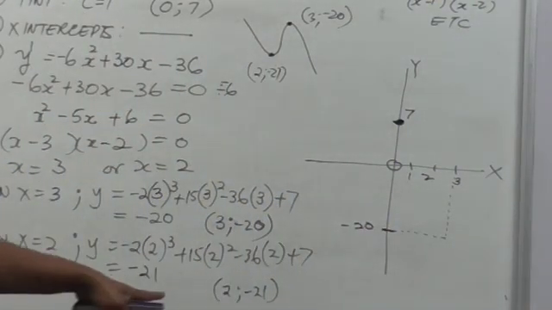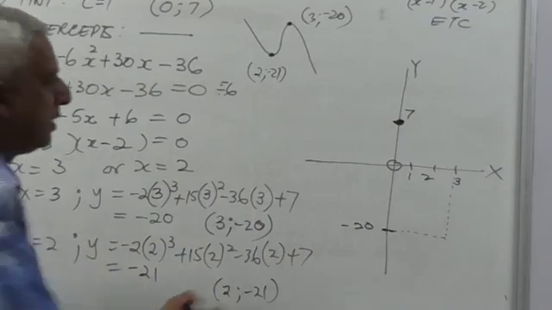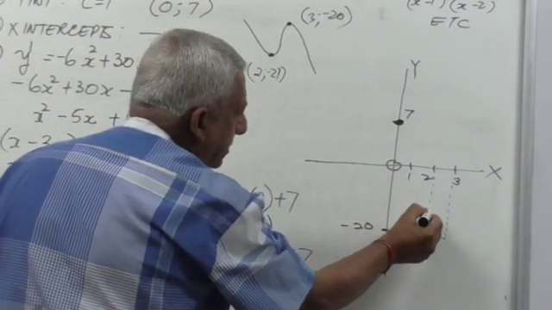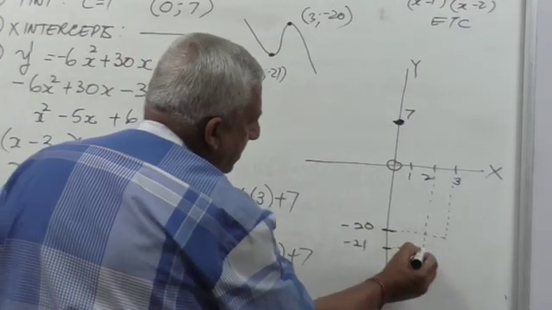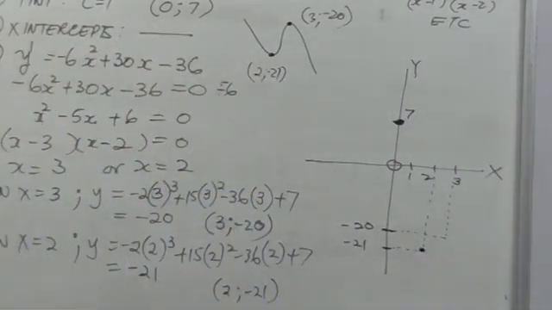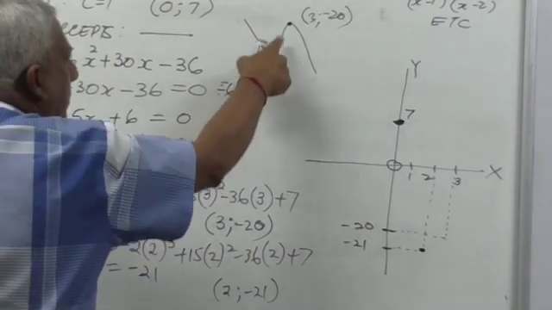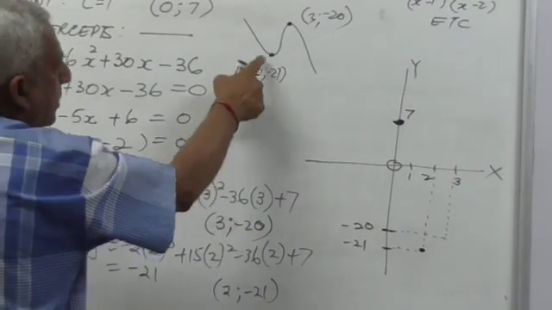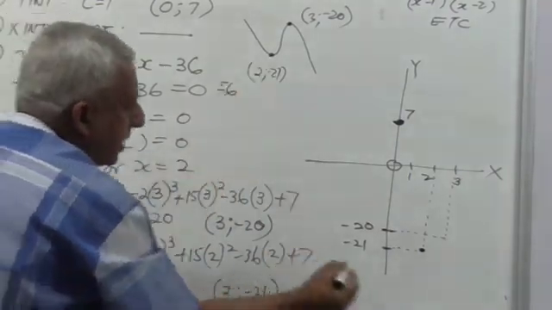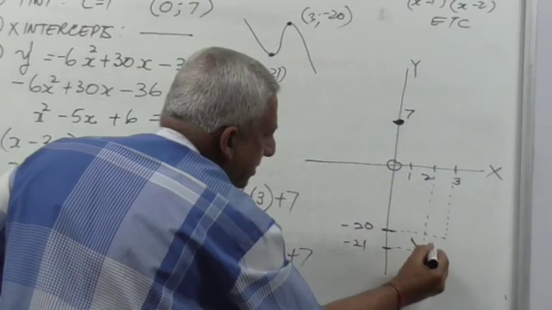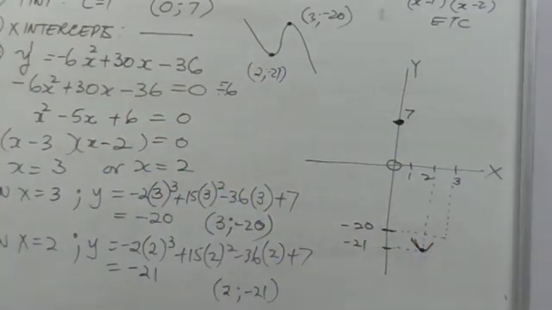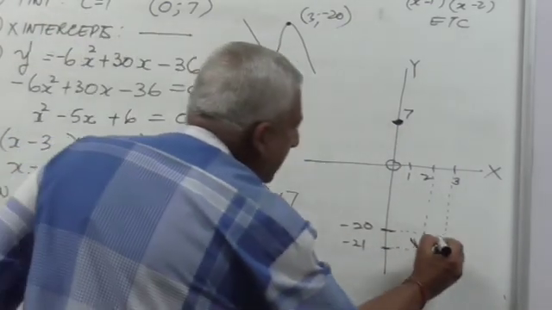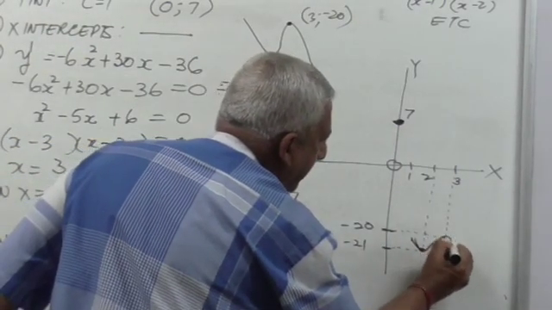Then the next one is 2 and negative 21. So 2 is here and let's say negative 21 is here. Now at 2 the graph goes this way. At 3 the graph goes the other way.